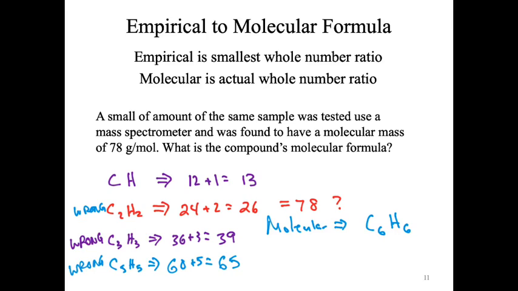I'm still short, so I'm going to jump up to C7H7, and I get 7 times 12, which is 84. Plus 7 is 91. Is 91 the same thing as 78?